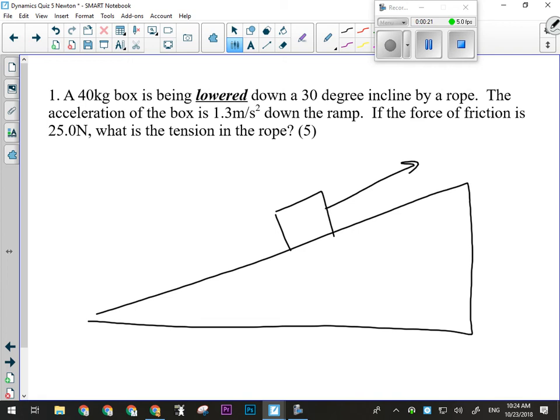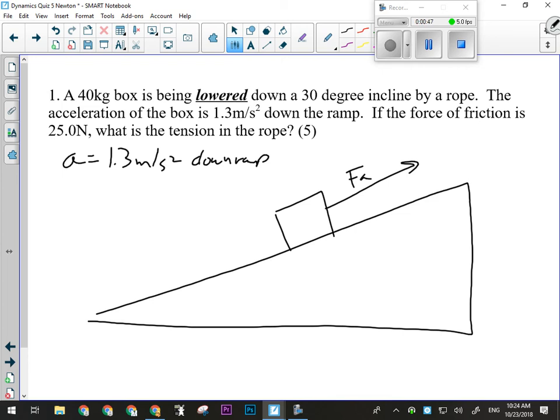So we have this applied force that's up the ramp, but the ramp is so slippery or steep or both that the box is still moving down the ramp even though it's being pulled up. We know that the acceleration down the ramp is 1.3 meters per second squared, and the force of friction is 25 newtons.